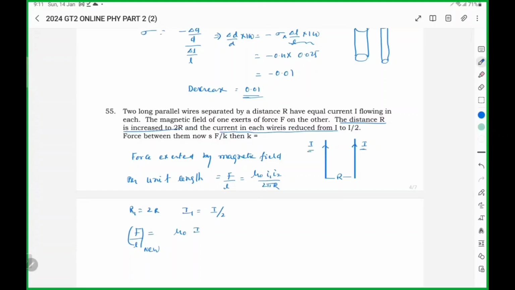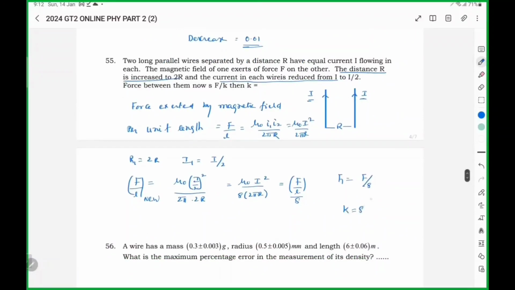I1 is I, I2 is I. So it will be mu naught I square by 2 pi r. Here it is I by 2 whole square by 2 pi, and the distance is increased. So mu naught I square by 8 times 2 pi r. That is the new force per unit length, which is F by 8. So the value of K is 8.